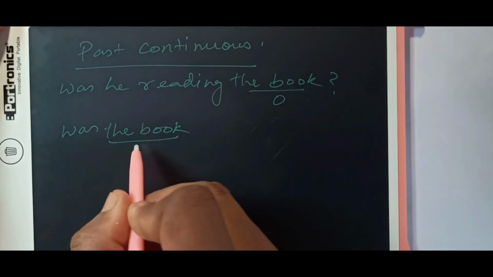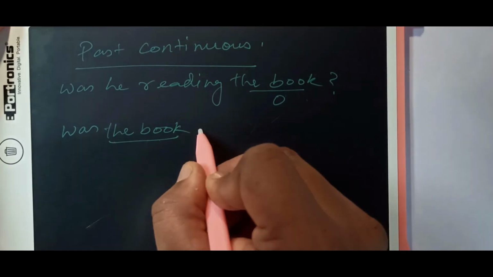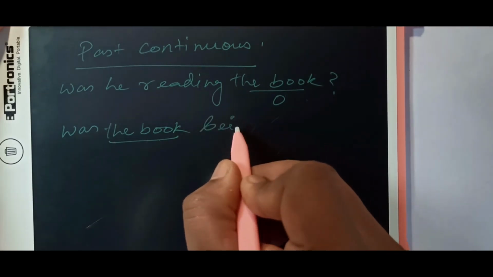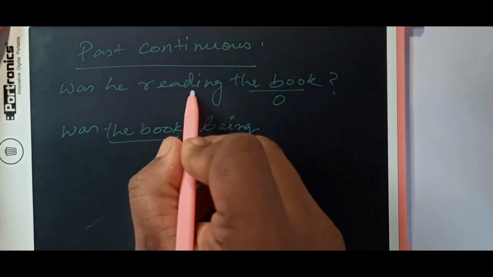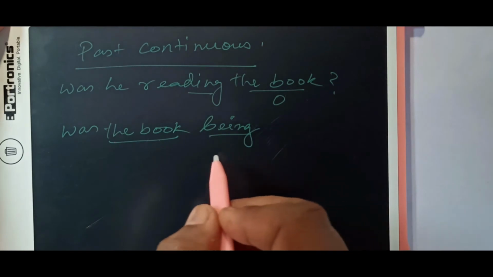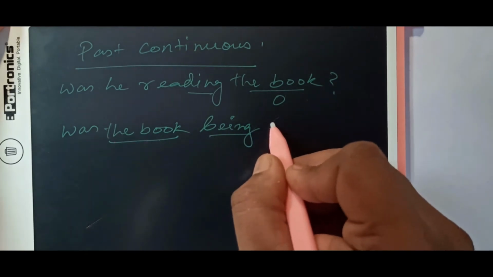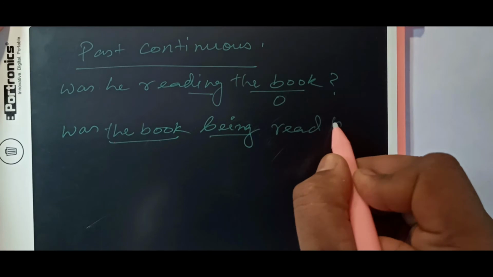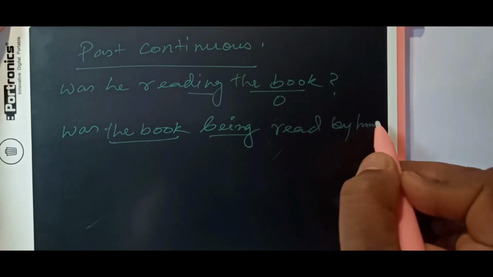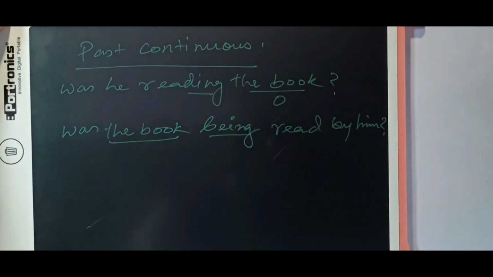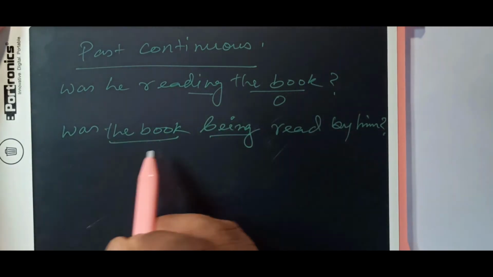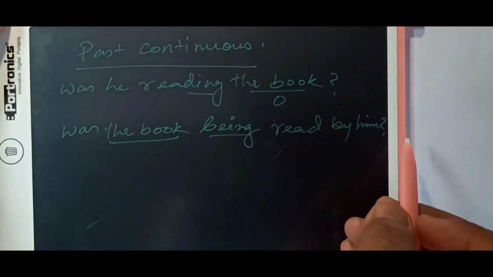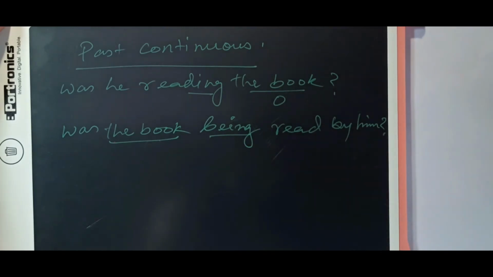So, was the book. Now we introduce being here because it is continuous. Was the book being read by him? This is our end result. Was he reading the book? Was the book being read by him? Alright, this is how we do past continuous tense.